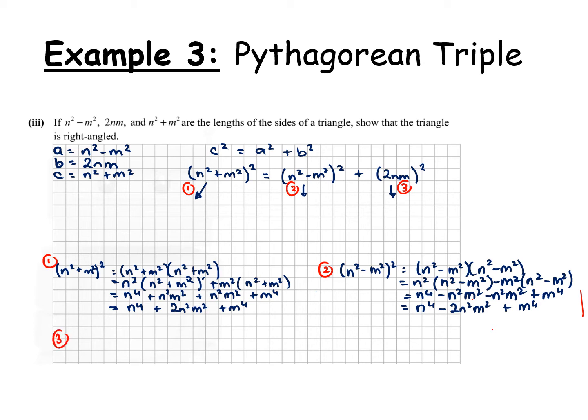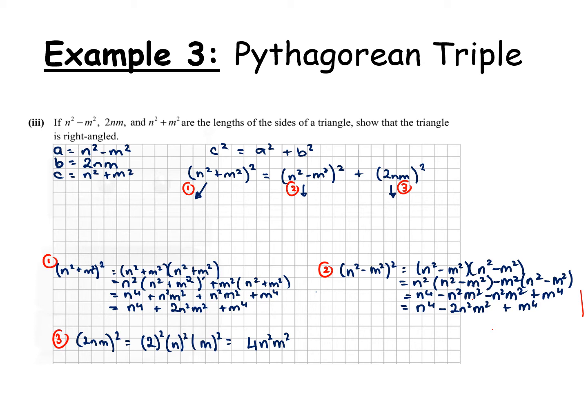Last piece is going to be this piece here, and this is 2nm all squared. So if you can remember your rules of indices, everything needs to be squared. We get 4 n squared m squared. So let's work through this and put this back.